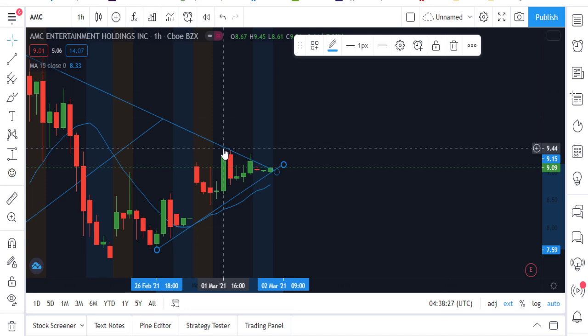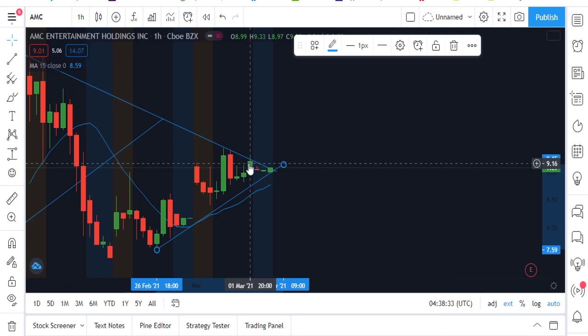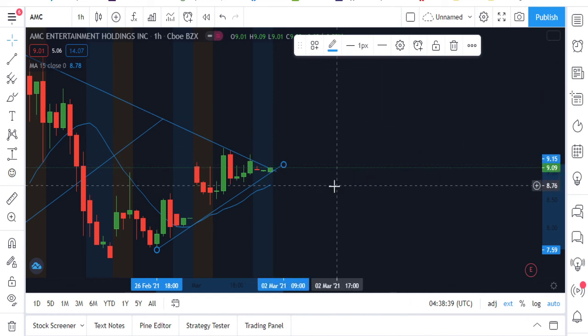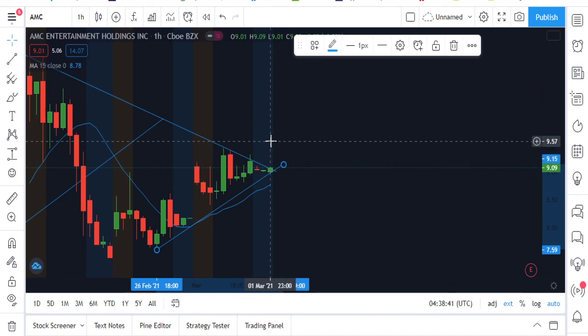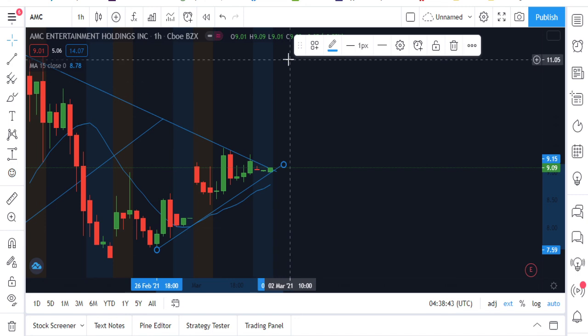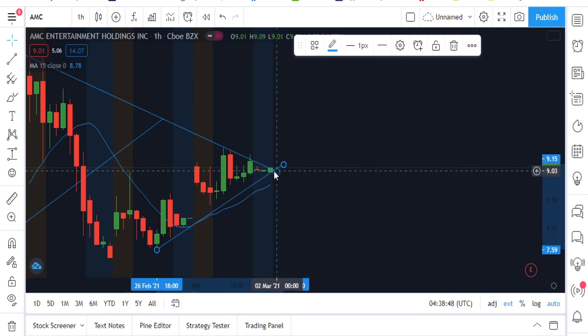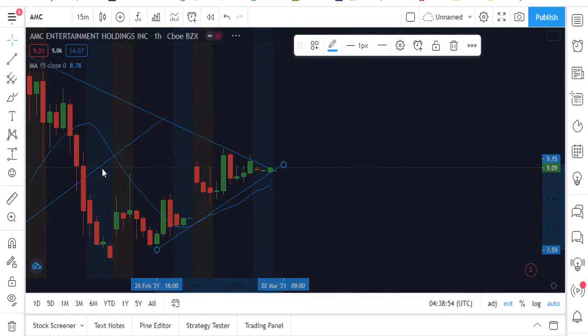It hit, bounced down, hit, bounced down, stayed in between the triangle, kind of went above, came back down. So now it's struggling. We're currently at 950, and if it goes above, it's going to explode to the upward side. But there's potential that it could go below, so we'll have to keep an eye on that.